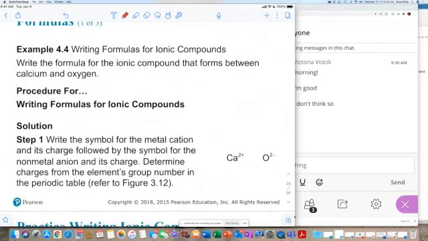Okay, now they want us to do our own ionic compound for calcium and oxygen. Calcium and oxygen. Okay. Oh, this one here, we're not using Lewis symbols, right? They just said write the formula for the ionic compound that forms between calcium and oxygen. That's just it. Okay.